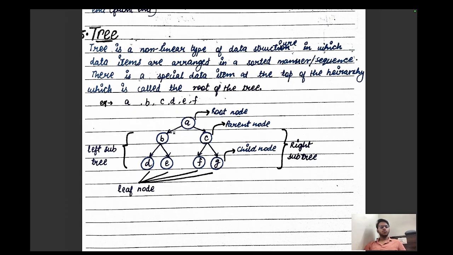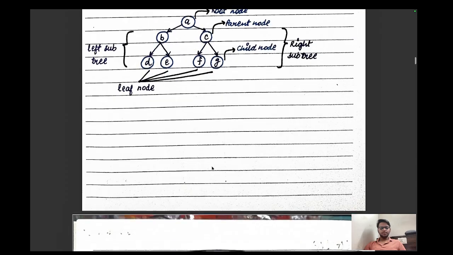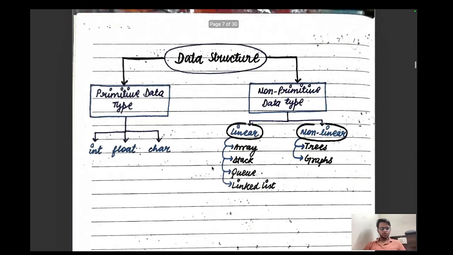A is the root node and it has two children, B and C. Similarly, if I take B as a parent node, we have two children, D and E. And for the parent C, we have children F and G, right?